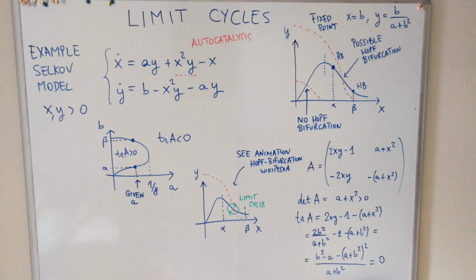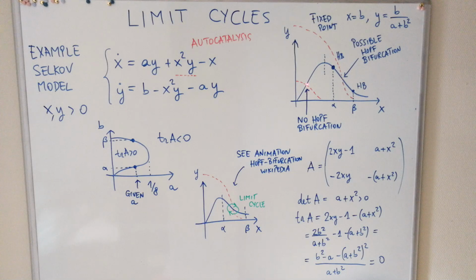One is when b is alpha, and the other one is when b is equal to this value beta, alpha and beta. I fix a and move along this line, and I cross the line where the trace is equal to 0 in these 2 points. All right, therefore in this graph I write again alpha and beta. These are 2 points where I have a Hopf bifurcation.